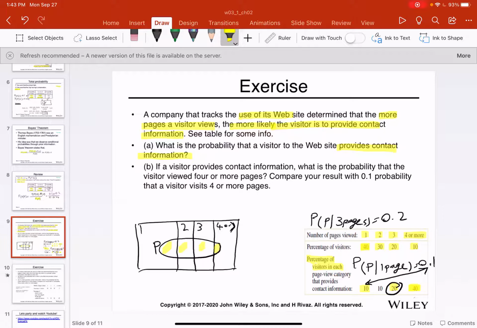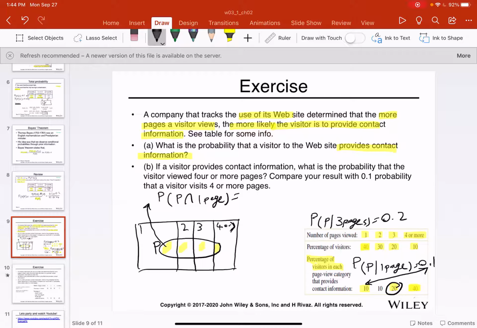And that means that, so let's write one of them, right? So for example, the first part is going to be P of provide intersection 1 page, right? So what's the probability that someone provides information and also visits 1 page? Can I say it's the product of the two, equal to probability of providing times probability of 1 page?